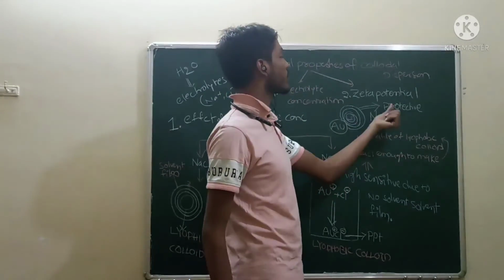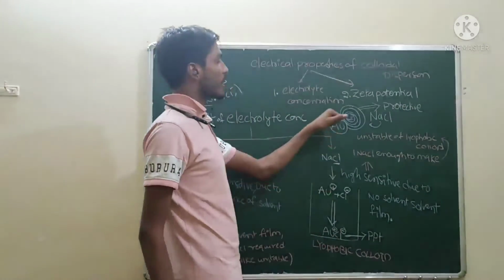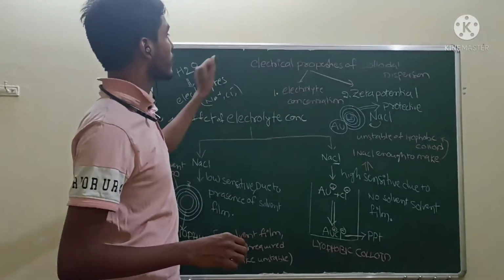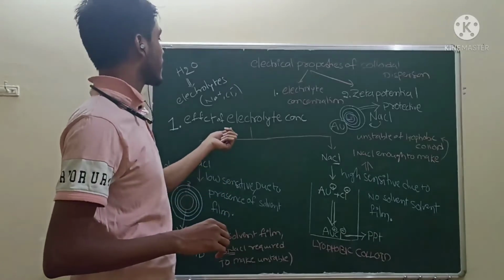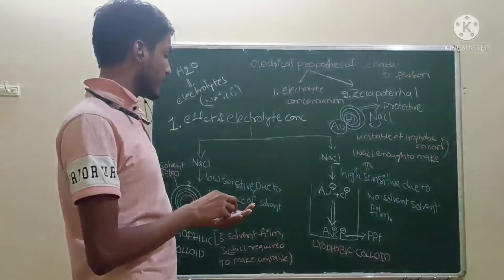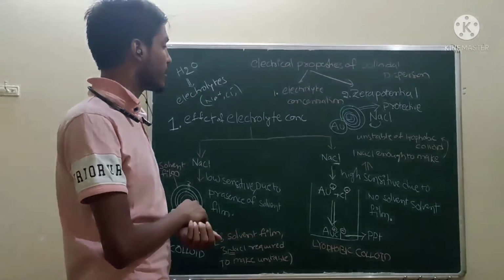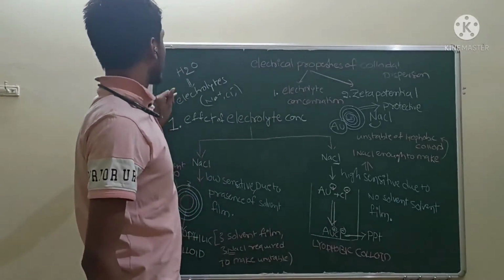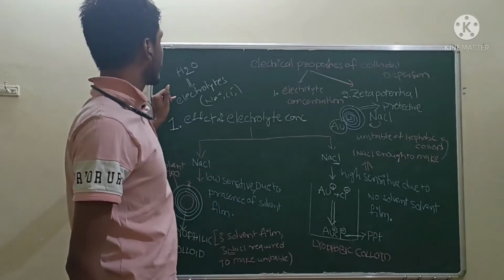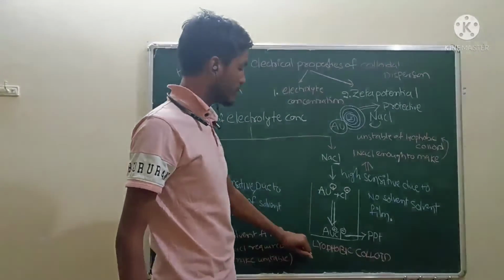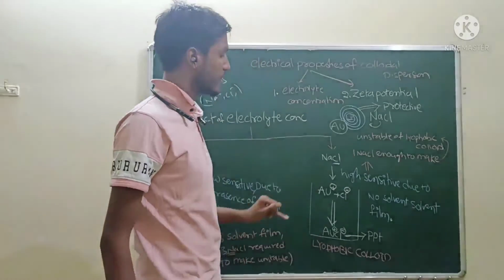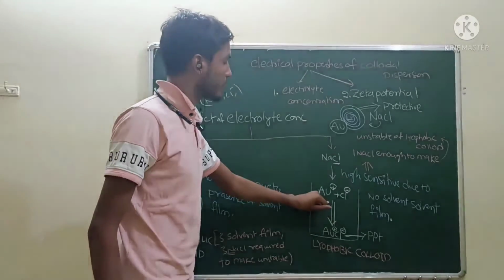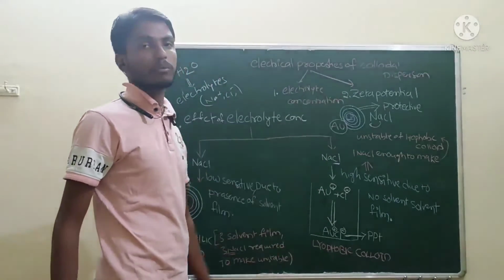Hence we call it a protective colloid. This is the mechanism of protective colloid. So this is about the effect of electrolyte concentration on the instability of lyophilic and lyophobic colloidal dispersion. Water itself contains electrolytes, which immediately make the lyophobic colloid unstable. That's why we need to stabilize the lyophobic colloidal dispersion using protective colloid.